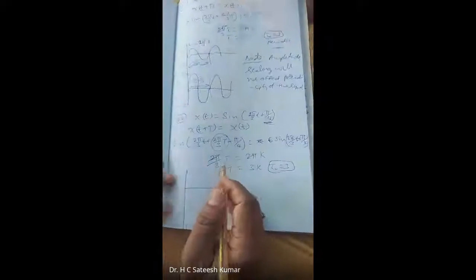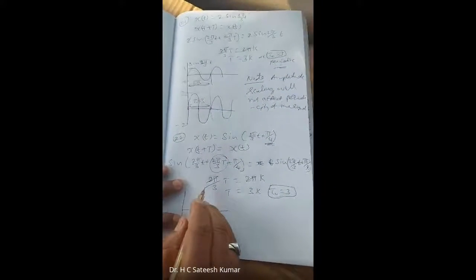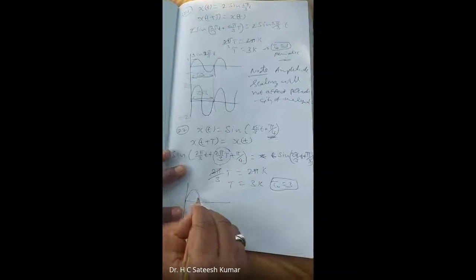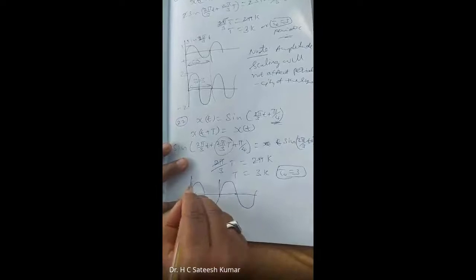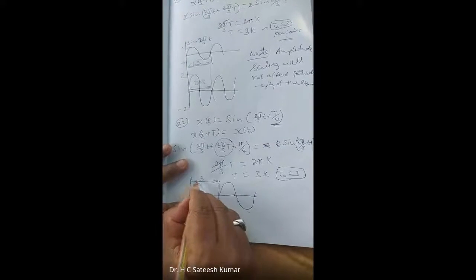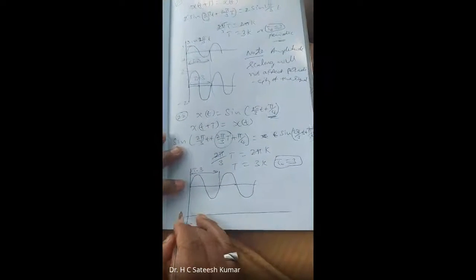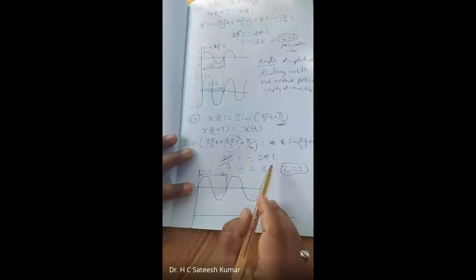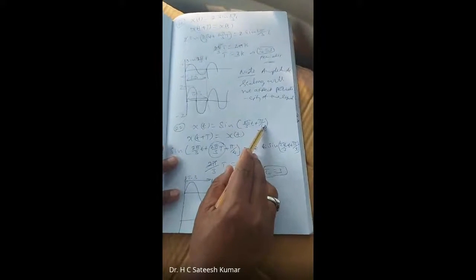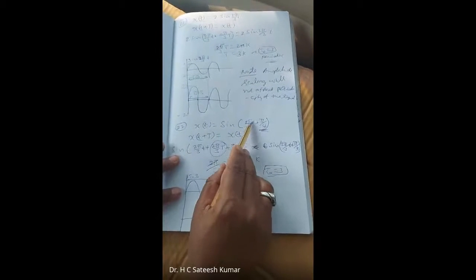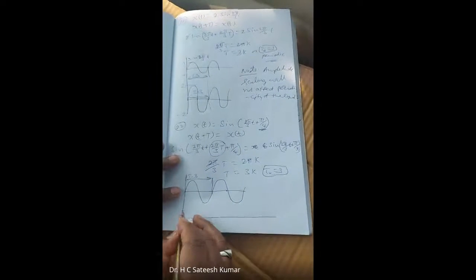Now, sine of 2 pi by 3 t, I'll write it like this, and its period is 3. Now, there is a phase shift: 2 pi by 3 t plus pi by 4. Let us say t is equal to 0. This becomes sine pi by 4, which is 1 by root 2, some value, 0.707.